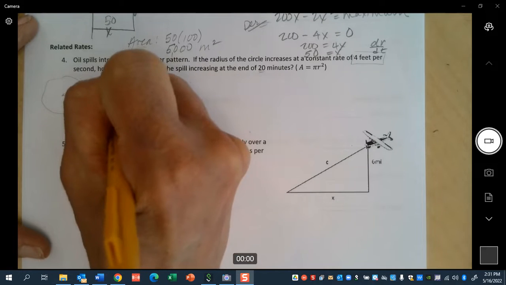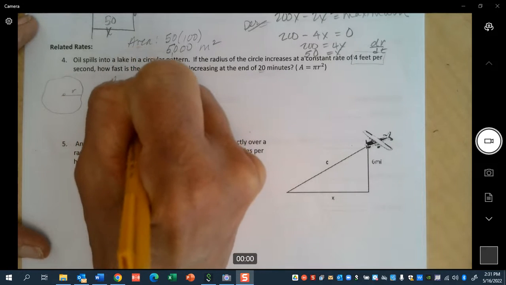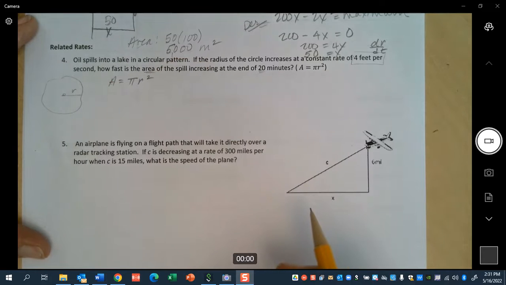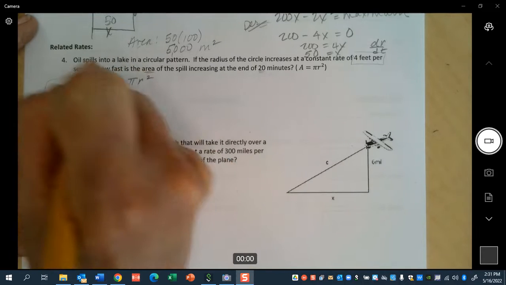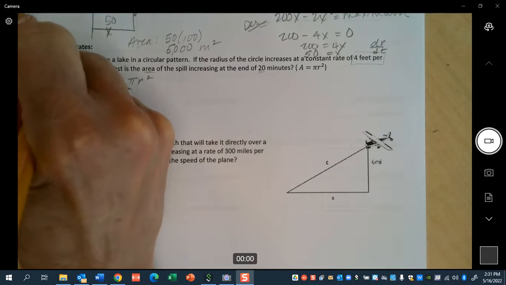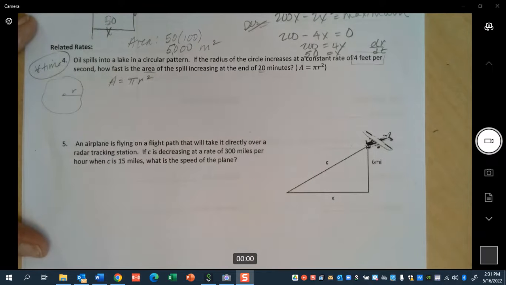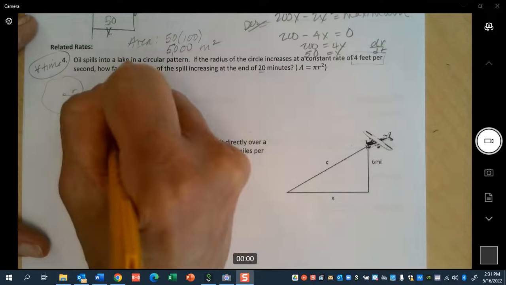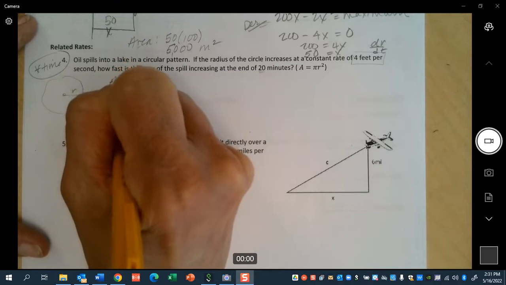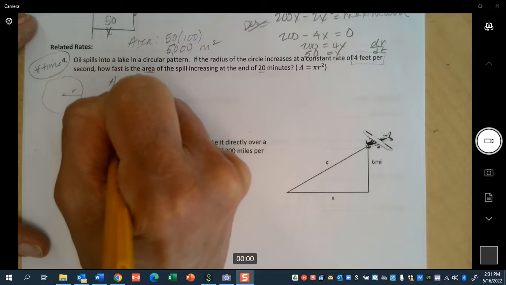All right, so I know that my area is equal to pi times r squared. So when I go to differentiate it, and remember, if you don't know what to do here, add that third hidden quantity in with the change in area with respect to time.